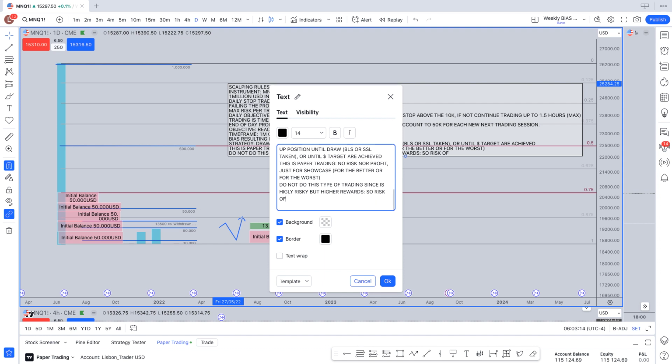So risk of losing $100k USD, which is a 15% drawdown from the 1 million account.